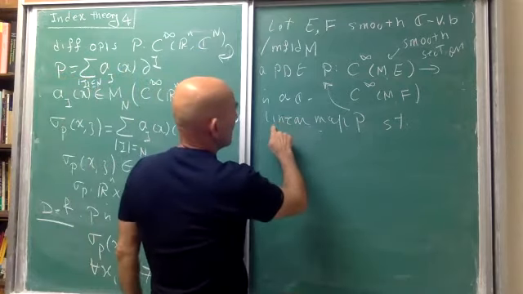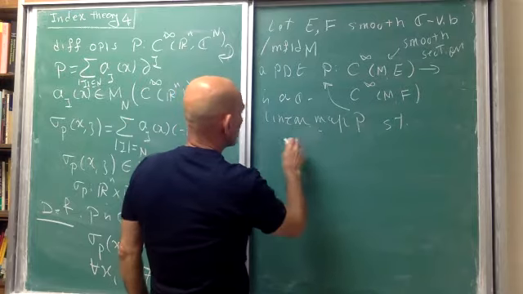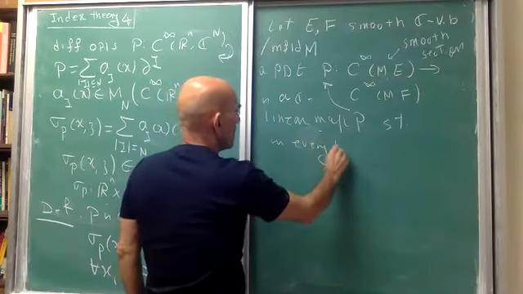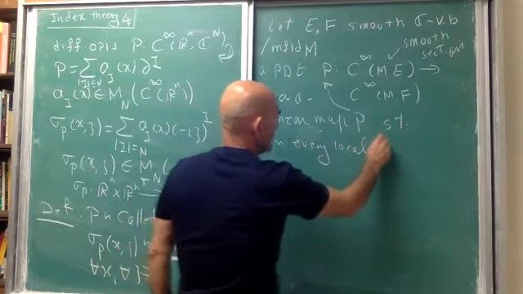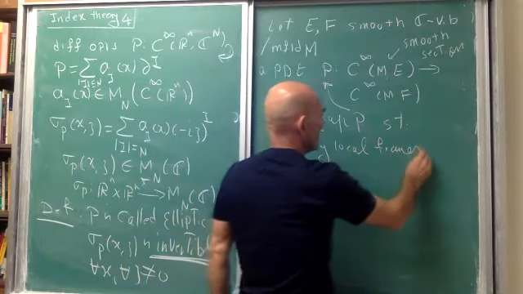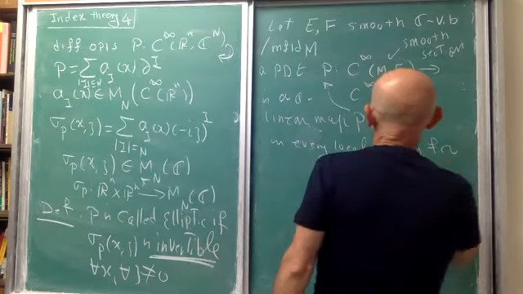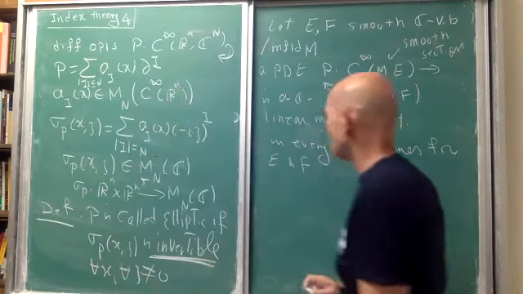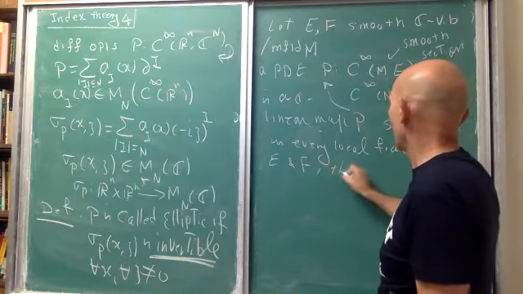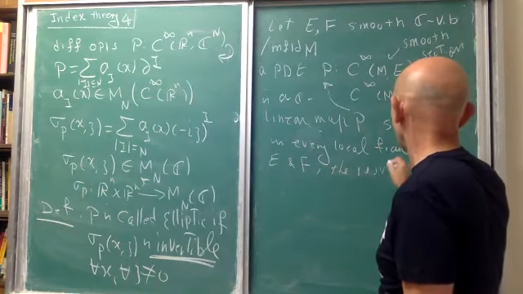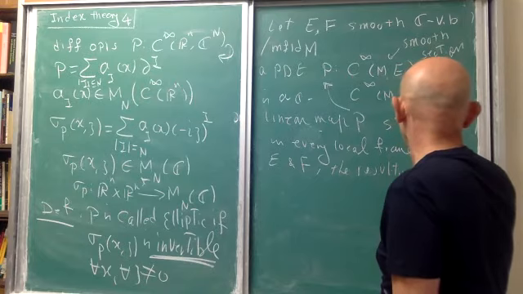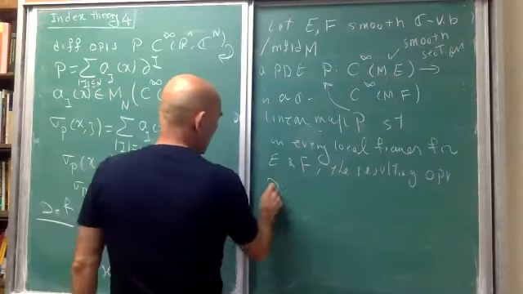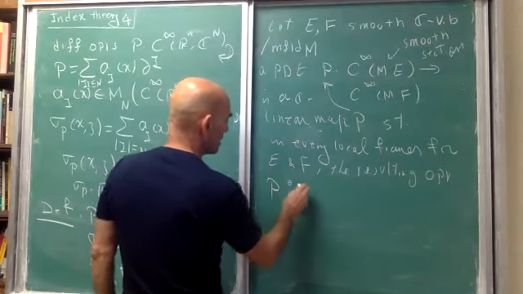It is a C linear map, P, such that in every local frames for E and F, the resulting operator, in these frames, I can write it like this.